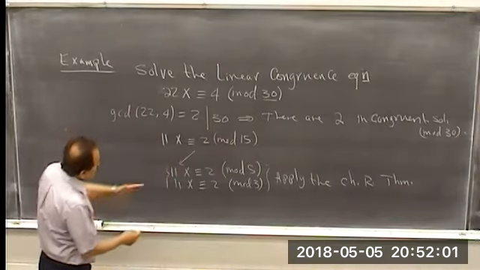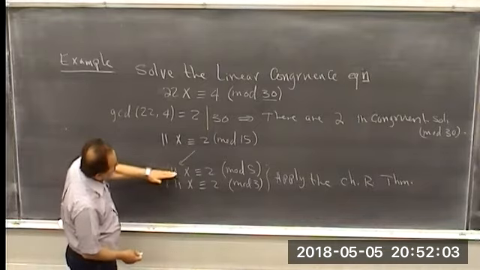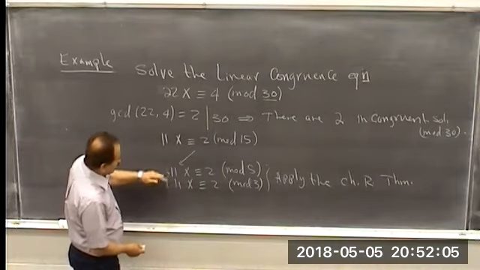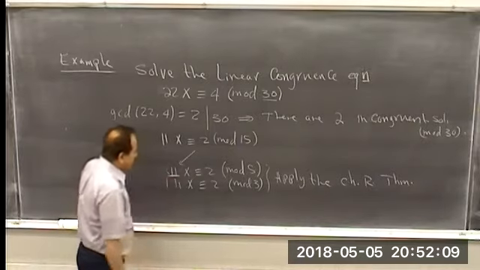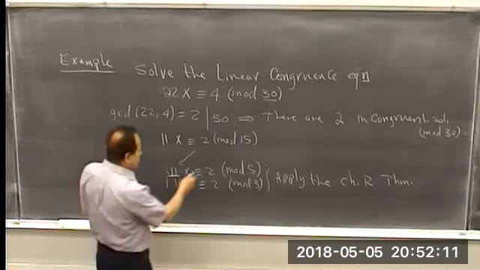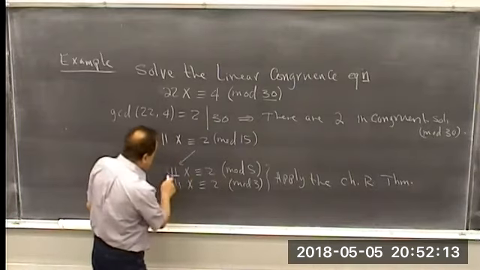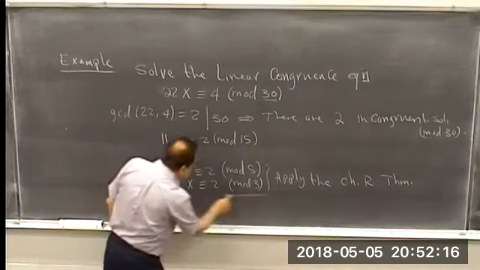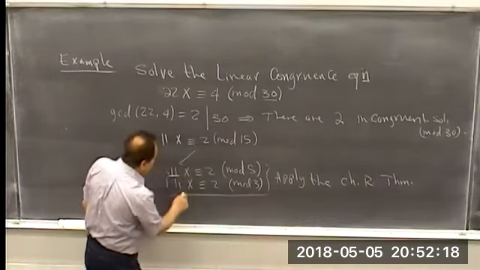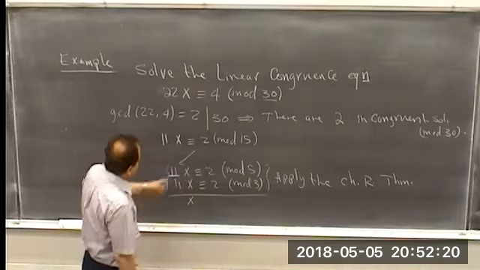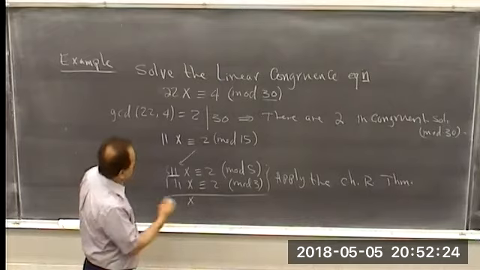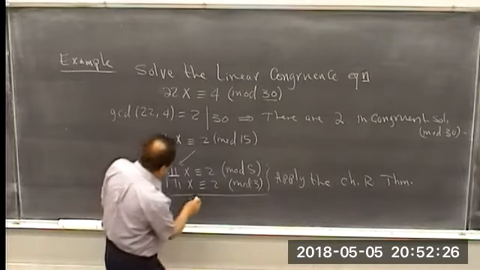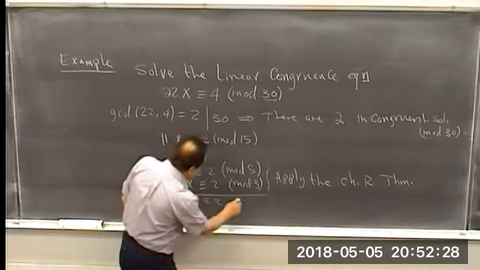Now, remember, we can even reduce this system so that we can apply the Chinese remainder theorem, by reducing the 11 mod 5. This gives us just x, because 11 is 10 plus 1, and 10 is congruent to 0, so this is x congruent to 2 mod 5.